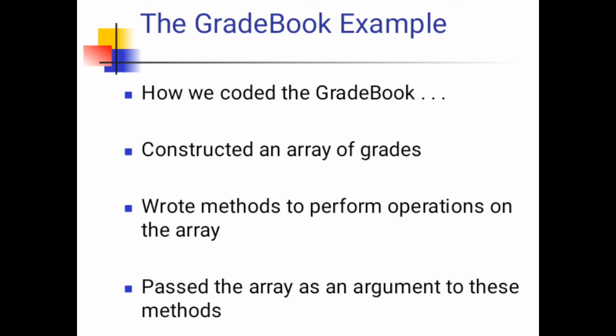Then I have this example we need to consider: the GradeBook example, how we coded a grade book. We constructed an array of grades, wrote methods to perform operations on the array, and then passed the array as an argument to this method.